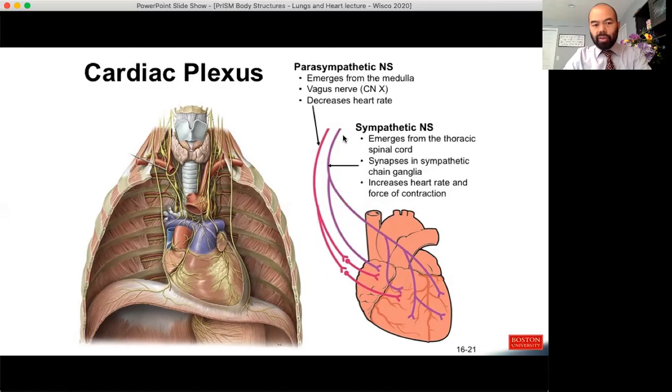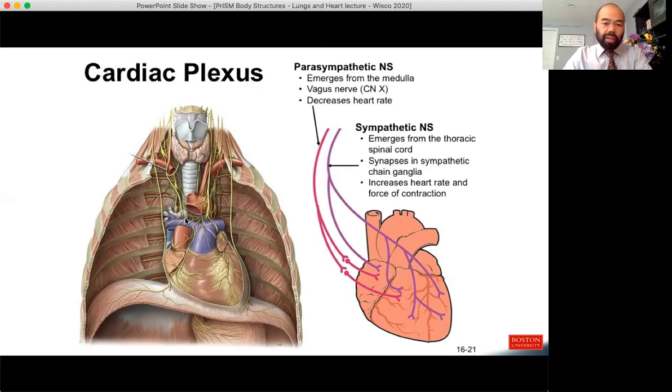The sympathetic nervous system is shown here. Its job is to increase heart rate and the force of the contraction. Notice that there are no ganglia drawn into this image here. The cell bodies from which these nerves emanated are located in the neck, specifically, but not exclusive to, the sympathetic cervical ganglia, in particular the stellate ganglion.